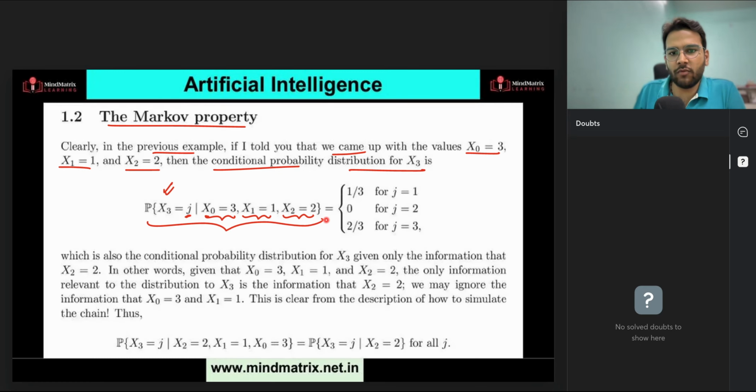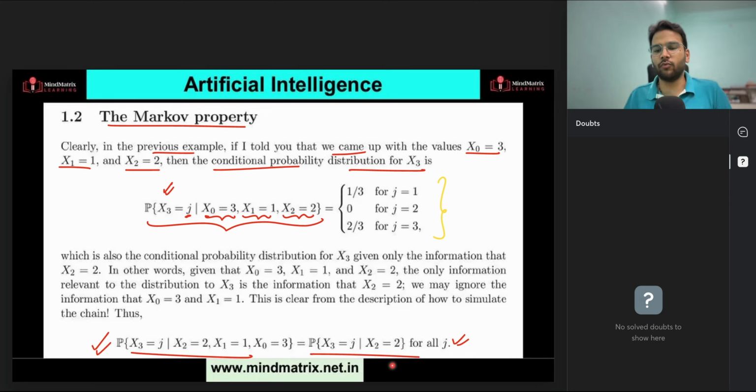The same thing is mentioned over here. We can write like this, but ultimately, using the Markov property, this will be equal to this only: x2 is equal to 2, which is the current state. Given the current state, what will be the next state? Clear? Any doubt, anyone? This makes a lot of things very easy for you; the computation will be very easy.